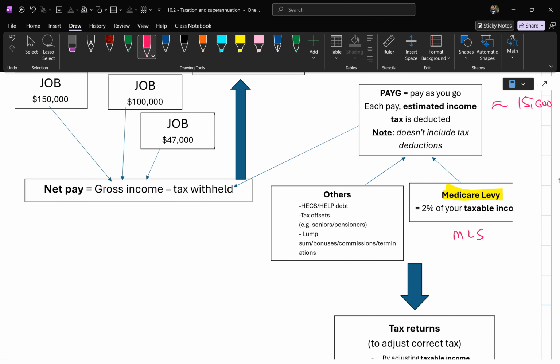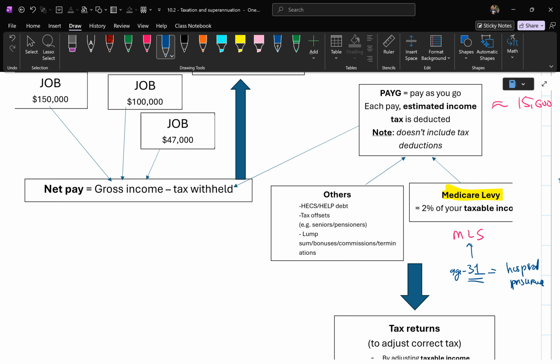They've introduced this in the later years. If by the time you're 31, so age 31, you do not have a hospital cover or insurance, they'll charge extra, okay, from your income.